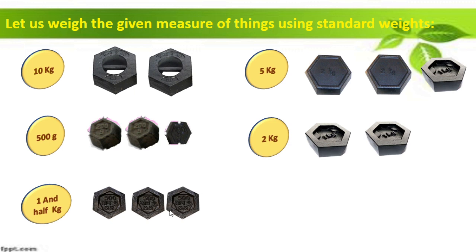If you weigh the object 3 times with the help of the 500 gram stone, then it becomes equal to 1.5 kg. Right? Here 200 gram we want to weigh. And we have a 100 gram weight. So we will weigh 2 times. Isn't it? Very good.